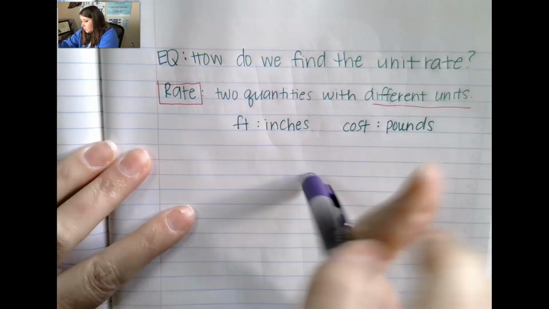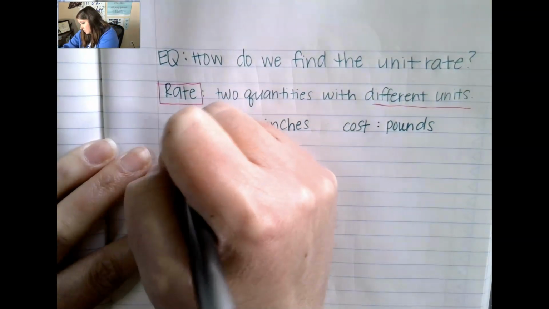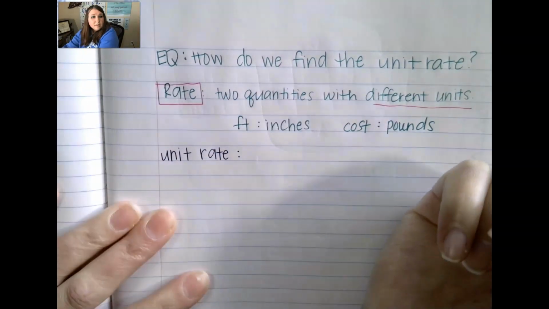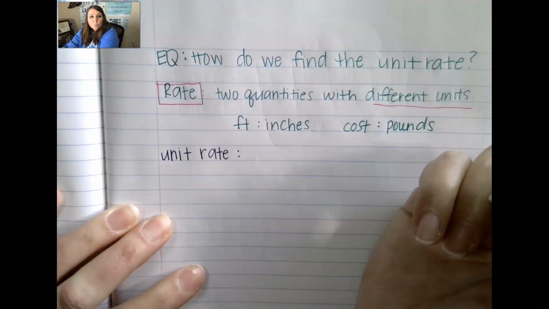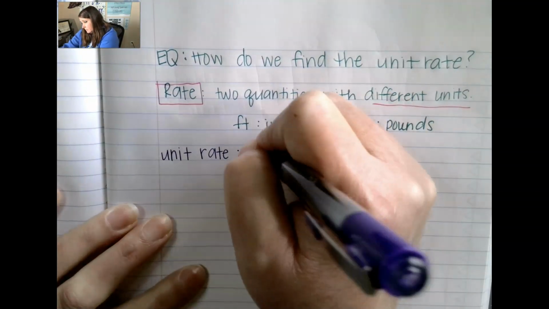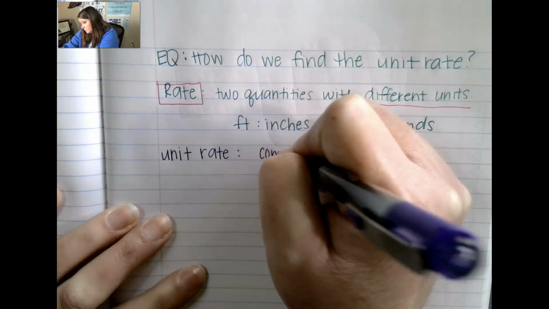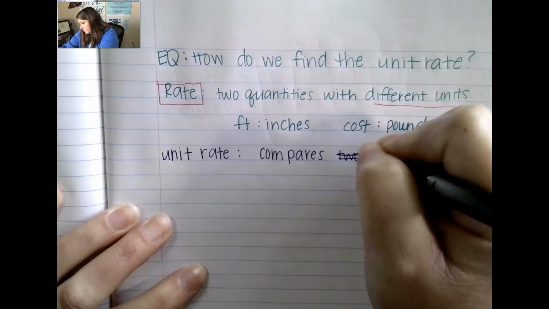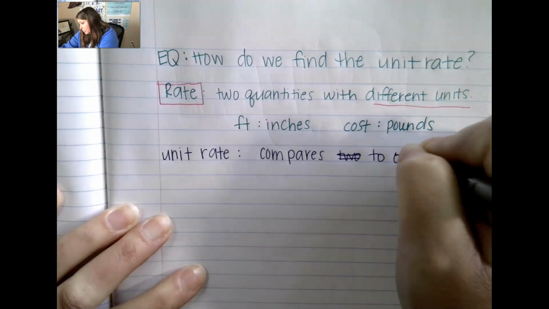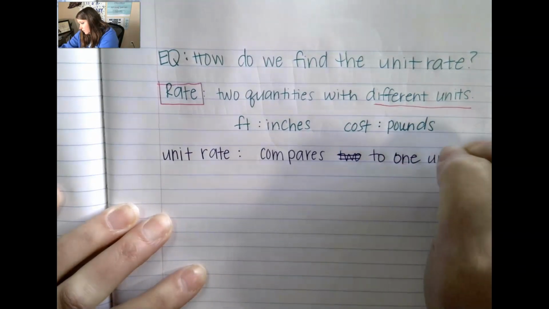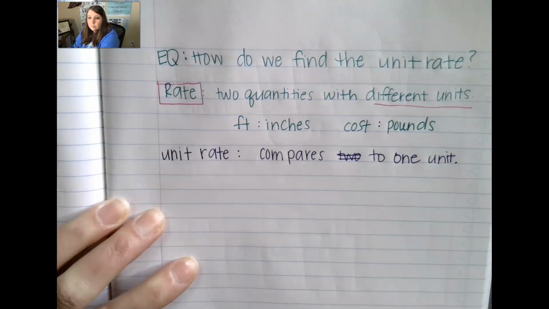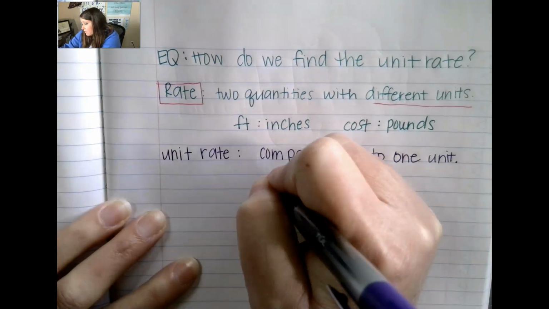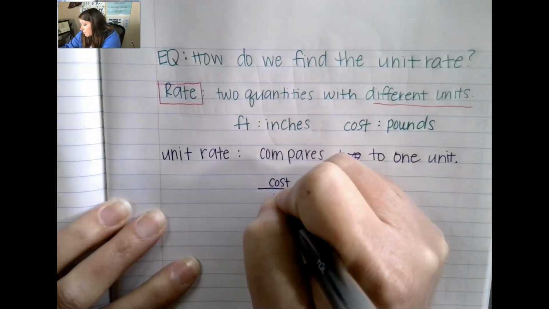Okay, so a unit rate, this is a comparison to 1 unit. So you're always going to have a 1 on the bottom. So like you could have cost for 1 pound.